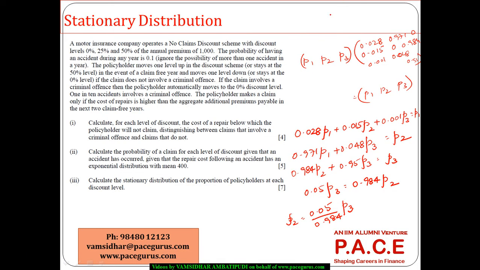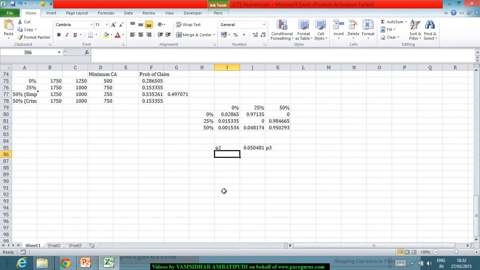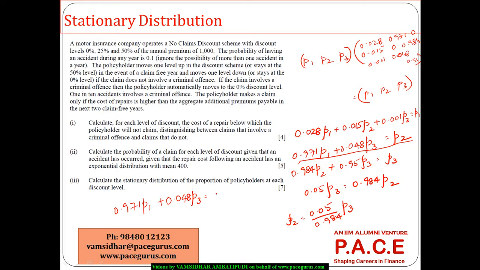Now we will go back to the equation wherein 0.971 P1 plus 0.048 P3 is equal to P2. P2 is 0.050 P3.